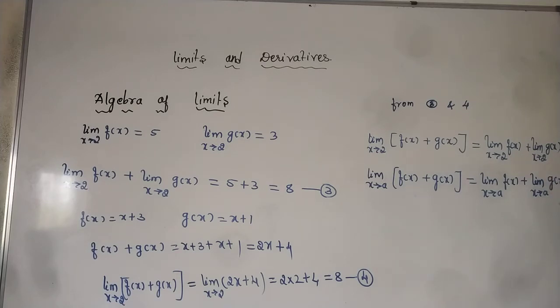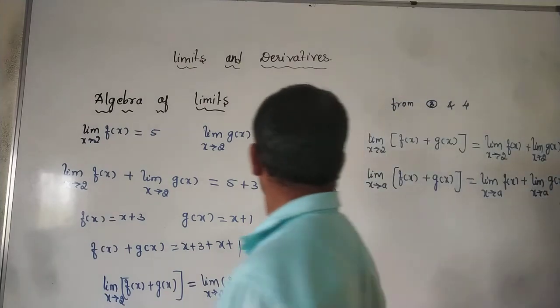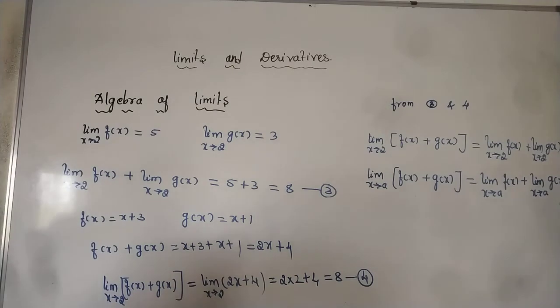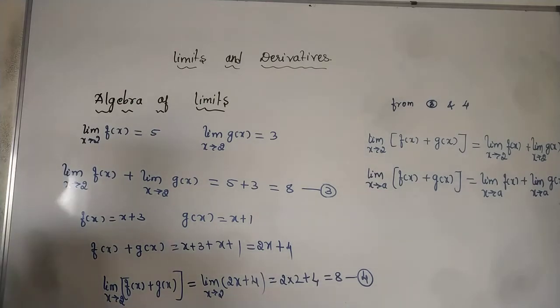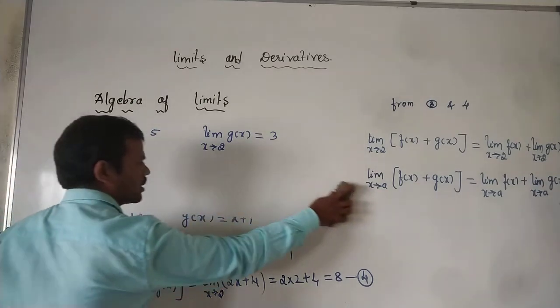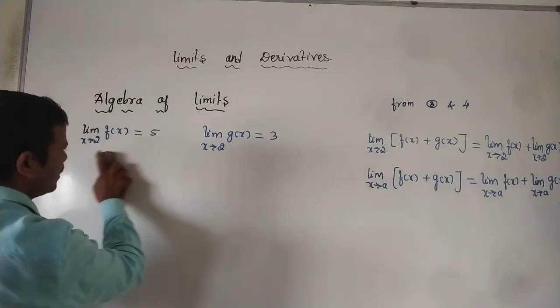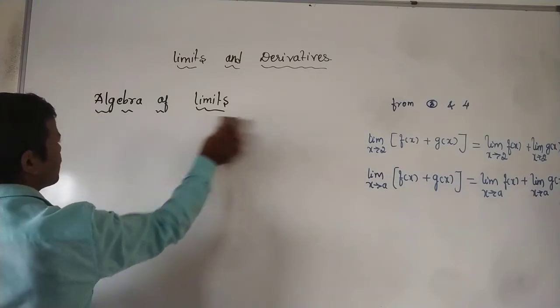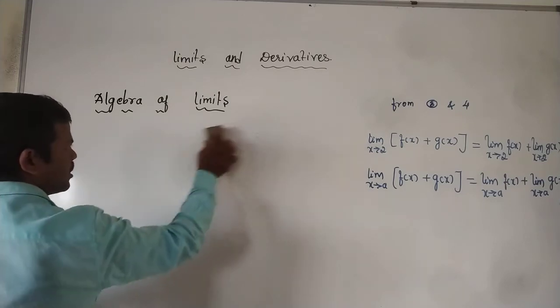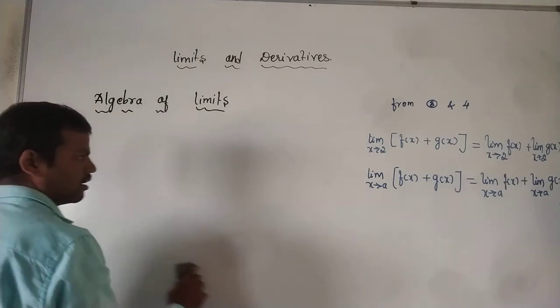So this is the limit of the sum of two functions. Similarly, we can state it for the difference of the functions, the limit of the difference of the functions. We can take that directly; similarly we can show it for the difference also. So 5 minus 3 becomes 2.